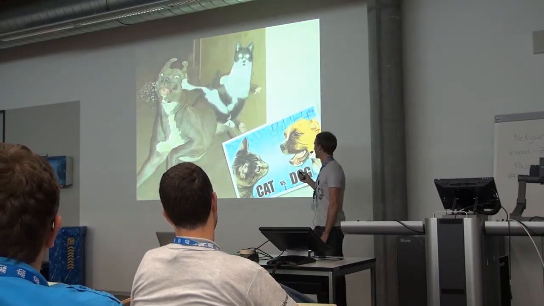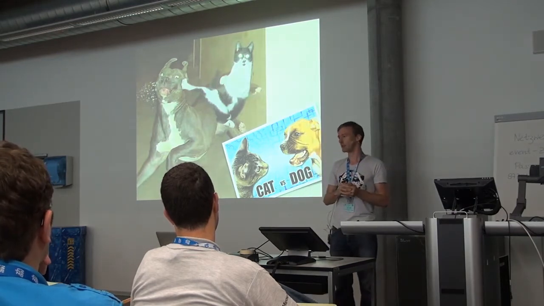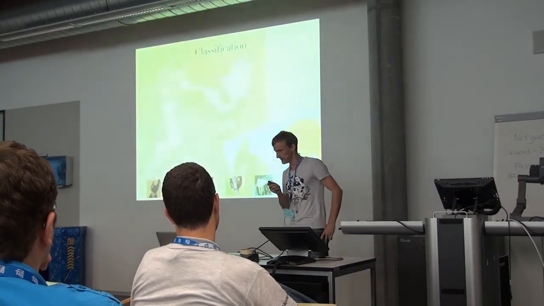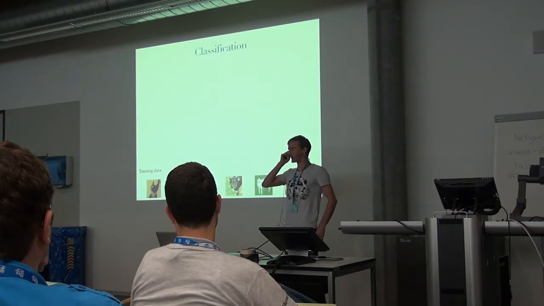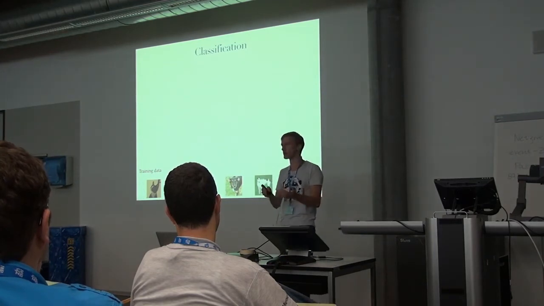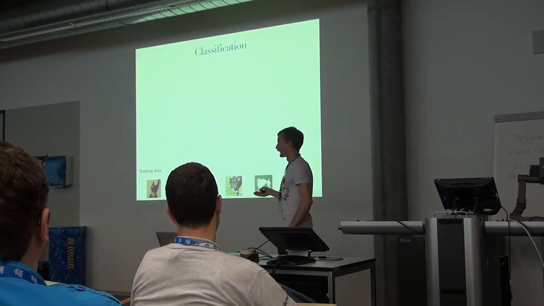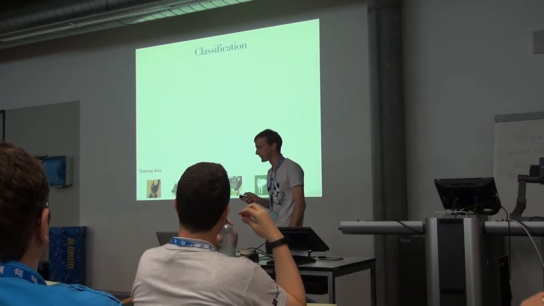We have many pictures, and from a given picture, we want to say, is it a dog or is it a cat? So that's classification, and actually we have already seen the entire pipeline, how this works very nicely in Mark's Journey's talk, classifying if a customer is going to jump away or not. And here is the same kind of question, it's just a yes-no question, this or the other animal.